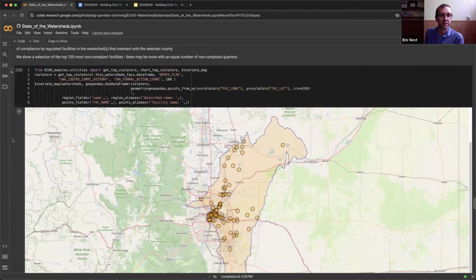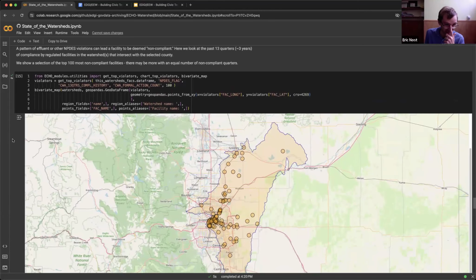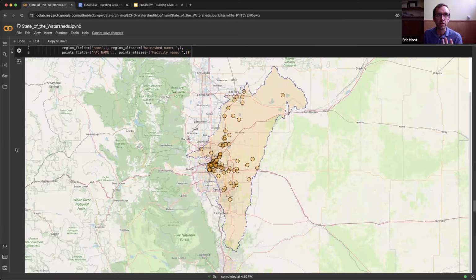If we zoom back into our selected watershed and try to get a sense of who is causing these violations, well, here we map out the 100 facilities that have been in non-compliance over the past 13 quarters. So these are facilities that have been deemed to be non-compliant. They've accumulated a lot of violations over the past 13 quarters. And there might be more than 100. We just look at the top 100.